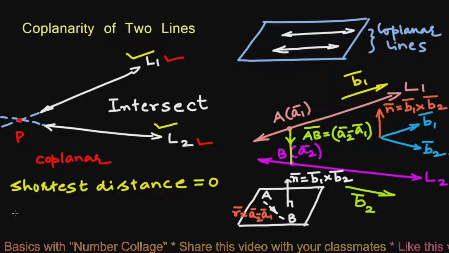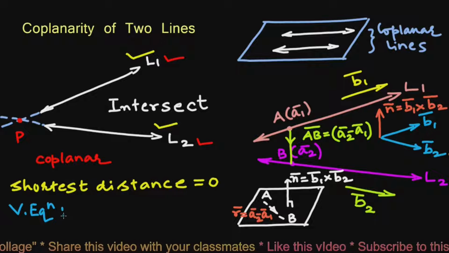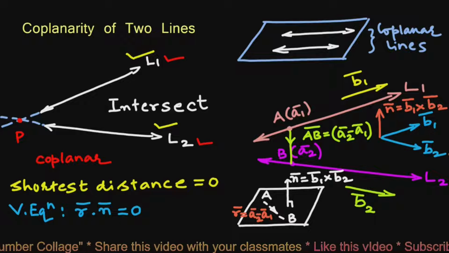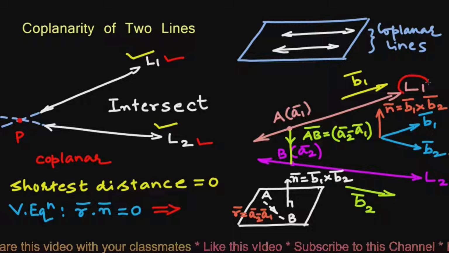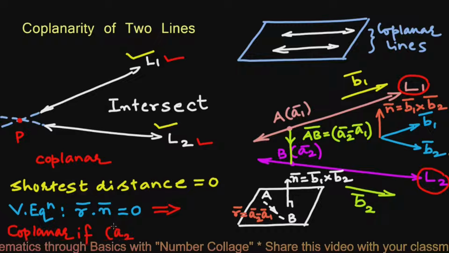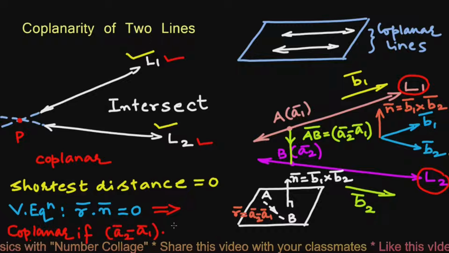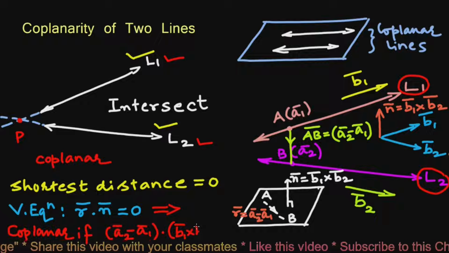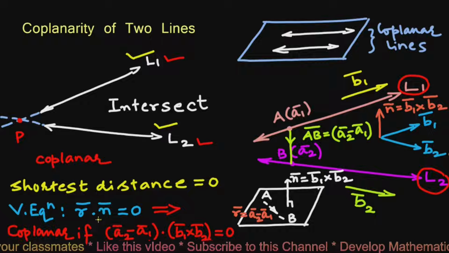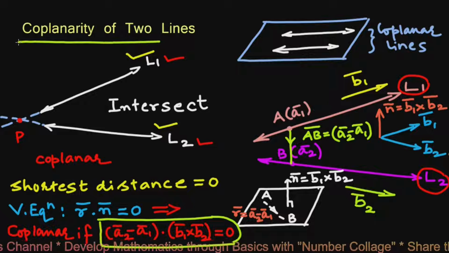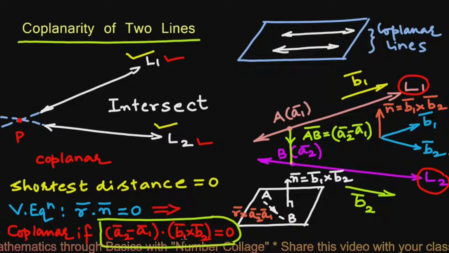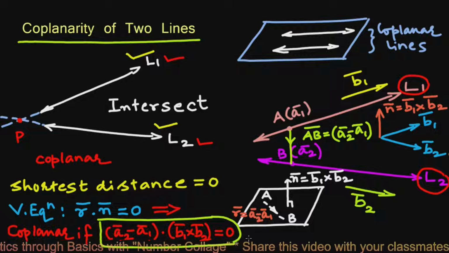Then the vector equation of the plane will be r bar dot n bar equals 0, which implies lines L1 and L2 will be coplanar if a2 bar minus a1 bar dot b1 bar cross b2 bar is 0, and this is the condition of coplanarity of two lines: a2 bar minus a1 bar dot b1 bar cross b2 bar equals 0.